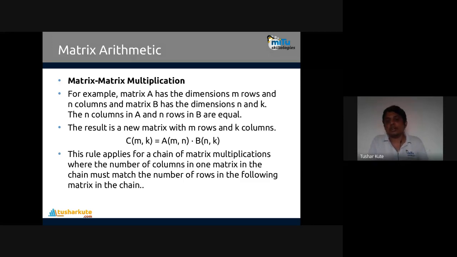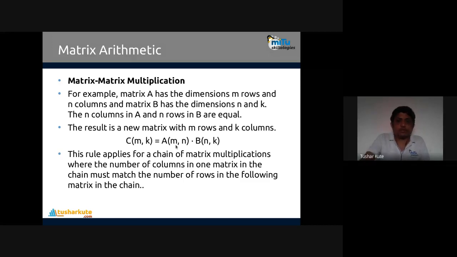Remember, n columns in A and n rows in B means the number of columns A contains is the number of rows in B. Maybe the same 3 by 3 is also okay, but 2 by 3 and 3 by 2 is also okay. So the result is a new matrix with m rows and k columns.